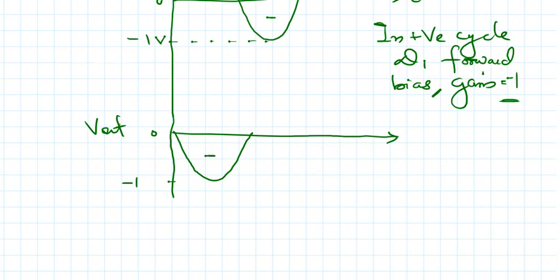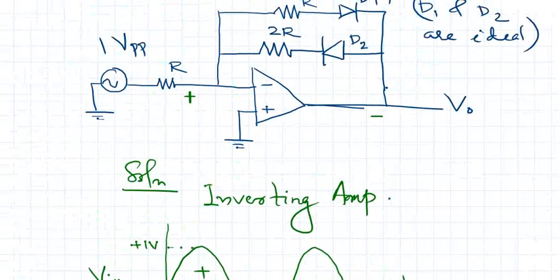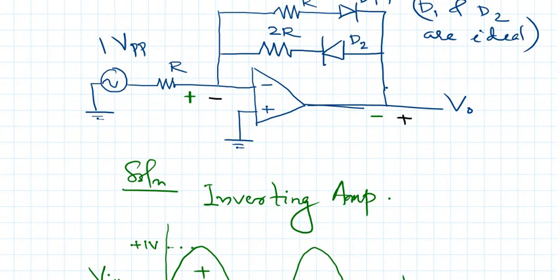And in the negative cycle, D2 is forward bias and D1 is reverse bias. Obviously D1 is reverse bias. Okay, so in the negative cycle, here it is positive, so D2 will be in forward bias and D1 is in reverse bias.